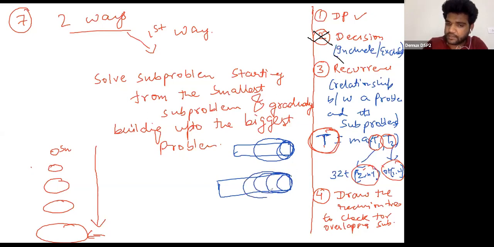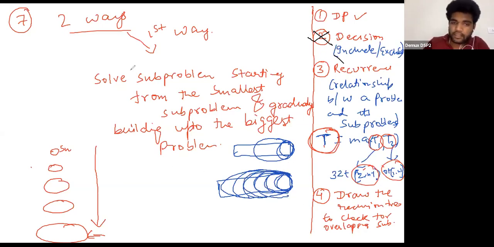This is the next bigger problem, then the next bigger problem, and so on. Do you understand this? This comes from the fact that the subproblems are suffix arrays. The smallest suffix array is this, then the next bigger suffix array is this, then the next bigger one is this, and this way.